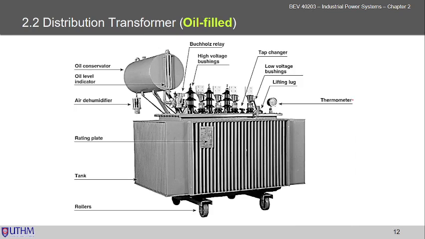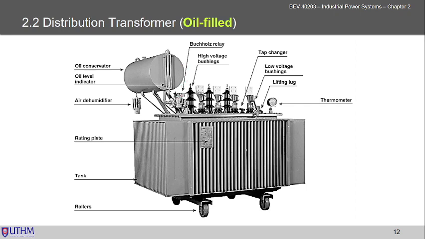So this is the oil-immersed type of distribution transformer. The important parts of this distribution transformer are the oil conservator tank, and another one is the Buchholz relay. The Buchholz relay is to protect the distribution transformer during overload or short circuit conditions.